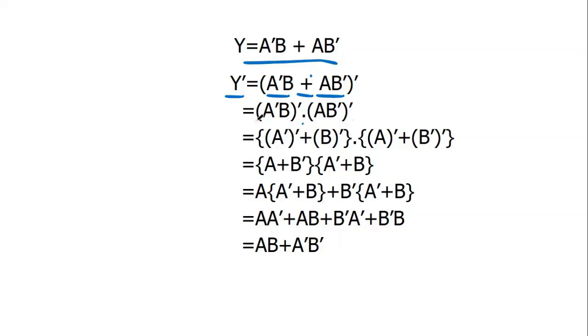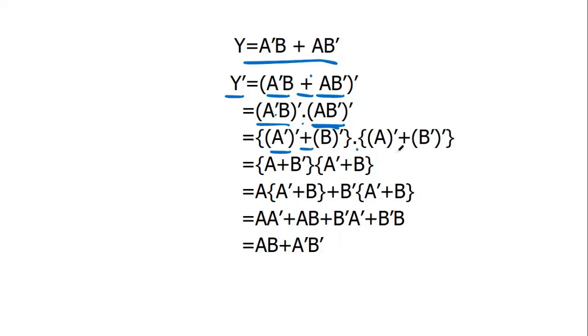Again, we apply De Morgan's theorem to each of these terms in the brackets. Hence we get (A complement) the whole complement, and this dot is replaced by the OR operator, plus B complement.